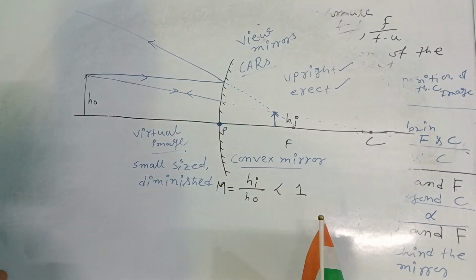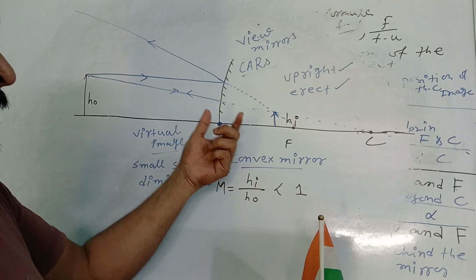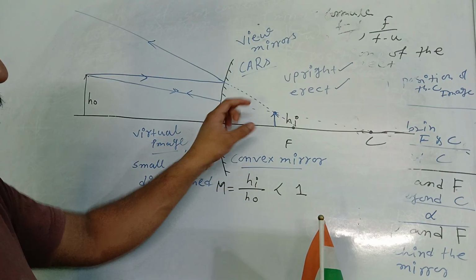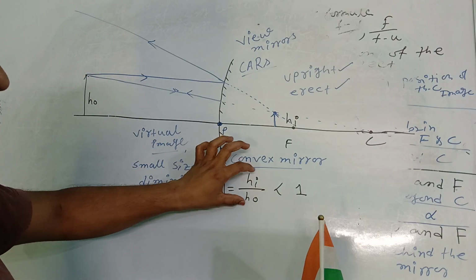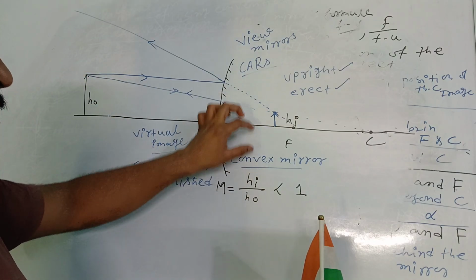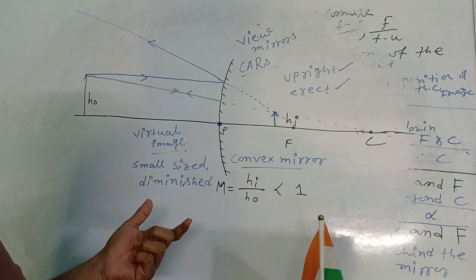So magnification is less than 1. Mathematically we are finding a ratio. If the image is small, then it is less than 1. If it is the same, equal to 1. If it is big, then greater than 1.